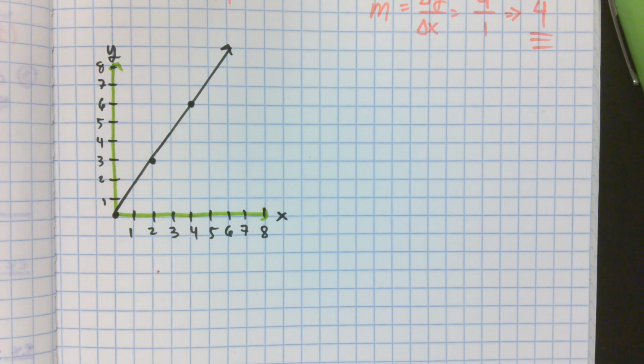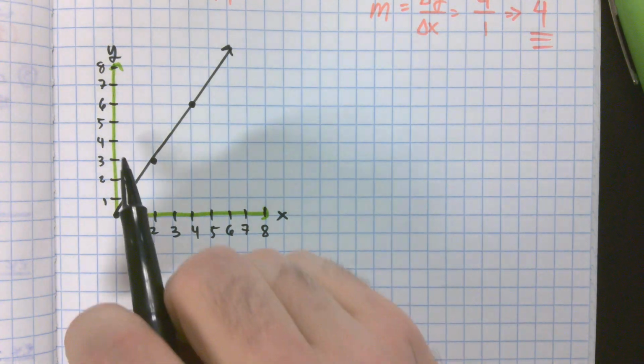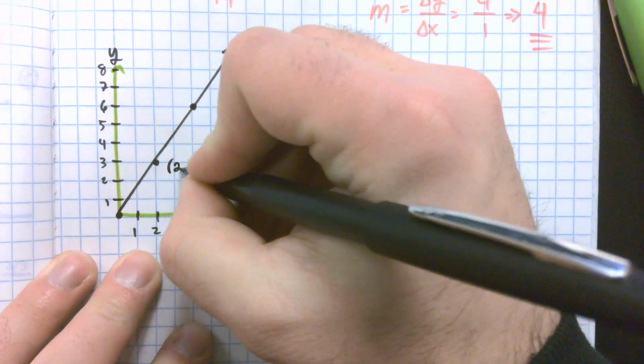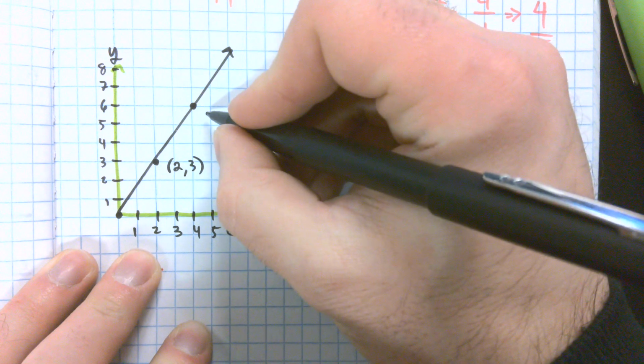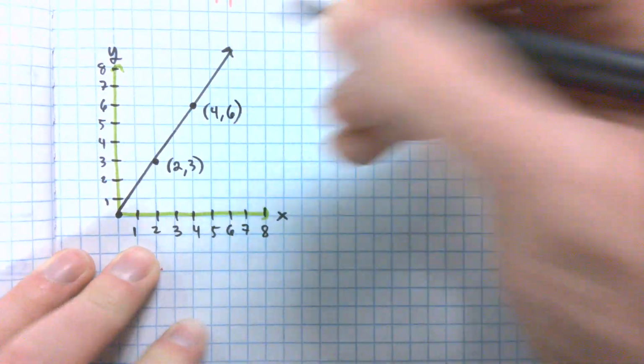Make 3 points, one at the origin, one at the point 2, 3, and one at the point 4, 6.